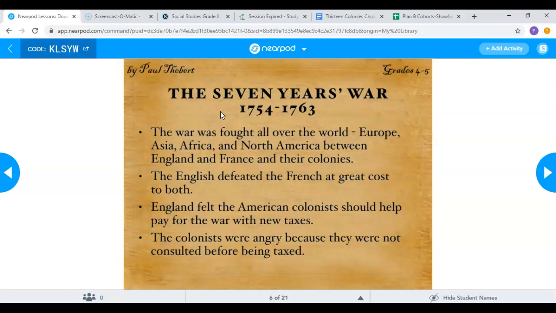So the war was fought all over the world, Europe, Asia, Africa, North America, between England and France and their colonies.